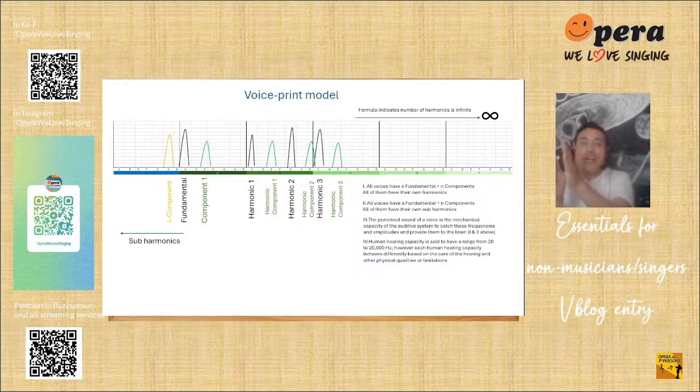Which means if we are unable to hear the whole range and all the volumes, even if we are able to map them with electronic devices, it doesn't mean that our own auditive system is able to perceive all the sounds that machines, that devices are going to map.